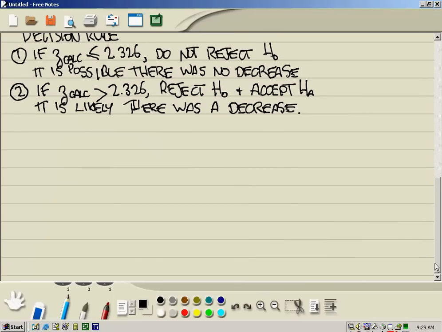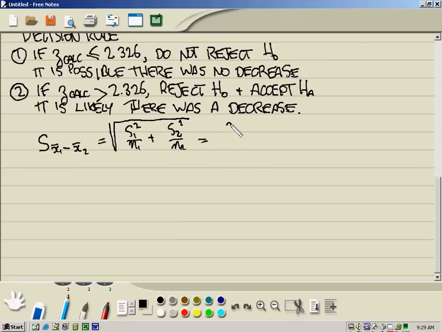Next step, calculations. Start off with the standard deviation, and this formula that we're using here is the standard deviation for the large sample test. It's an approximation of the real value, so it's the square root of S1 squared on N1 plus S2 squared on N2.